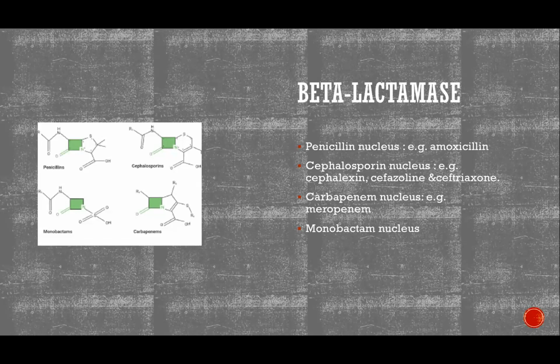They do this by binding to enzymes called penicillin-binding proteins, which are involved in cross-linking of the peptidoglycan chain in the cell wall. This interference with cell wall synthesis weakens the bacterial cell wall, eventually leading to cell lysis and death.